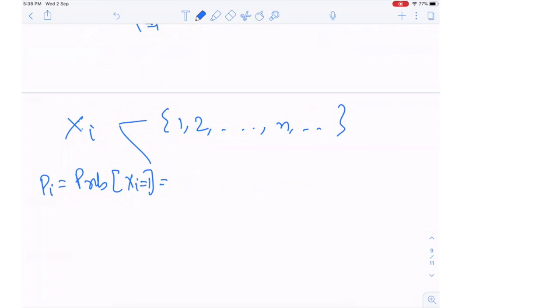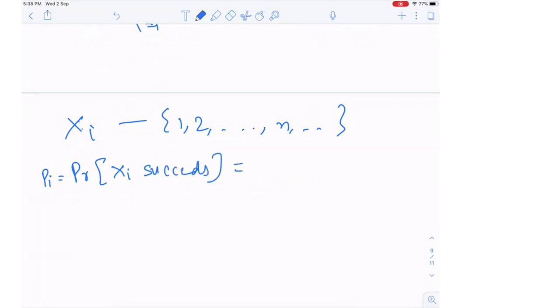So let's try to understand this a bit more clearly. When does xi succeed? When will you succeed? When you see the ith coupon. What is the probability of seeing an ith coupon?